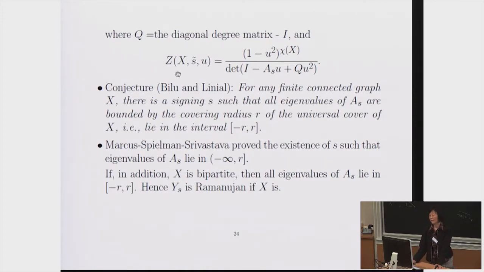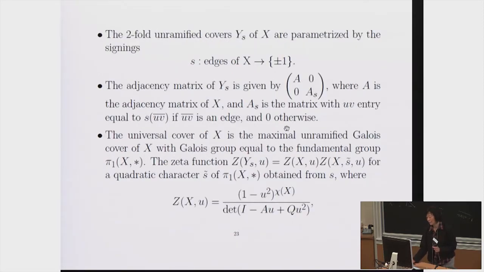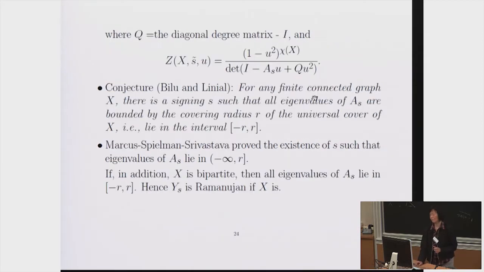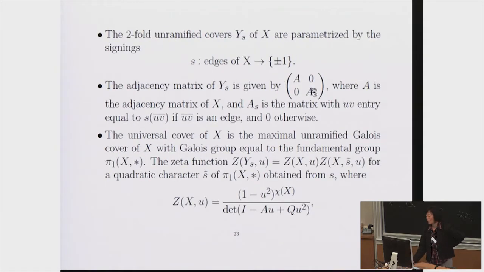And for the twist, it has exactly the same shape, except that the middle one, which used to be the adjacency matrix, is now this matrix A_S. So this is another way to see the eigenvalues for the quadratic cover.